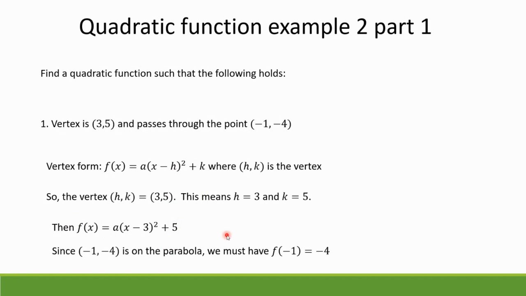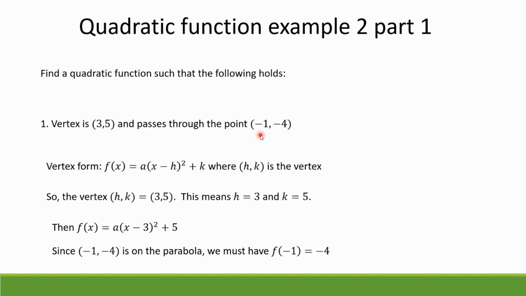But again, we're not done, right? We have to figure out what a is. But we know the graph, we know that the function passes through this point. So this point must be a solution to this equation, just like in the other example.